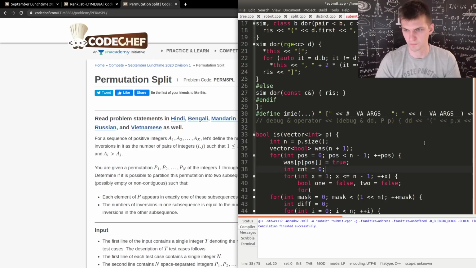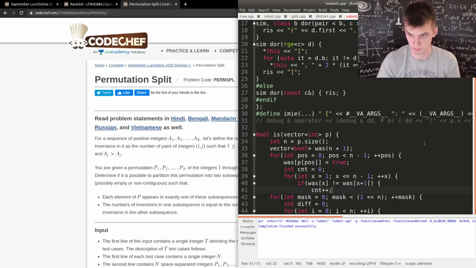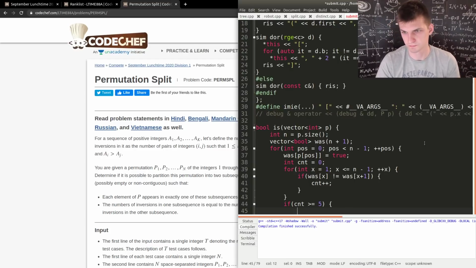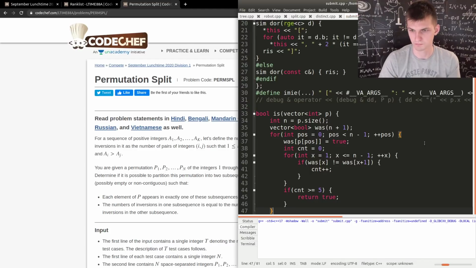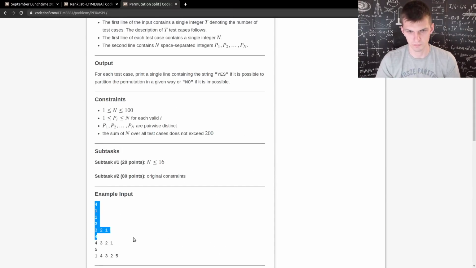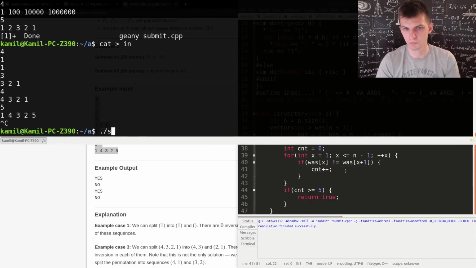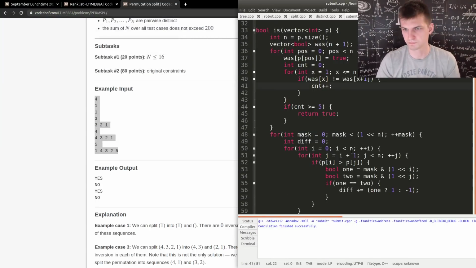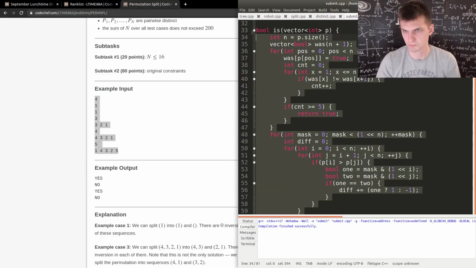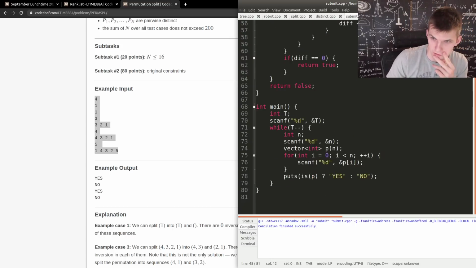If a of x is not a of x plus 1, we have a new block. Need to do it in a different way.